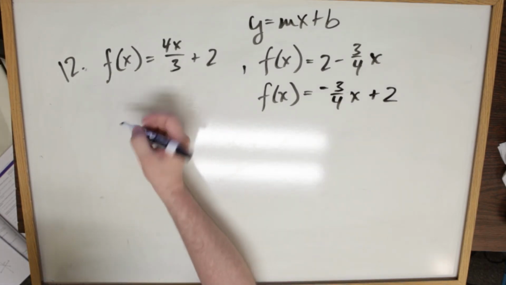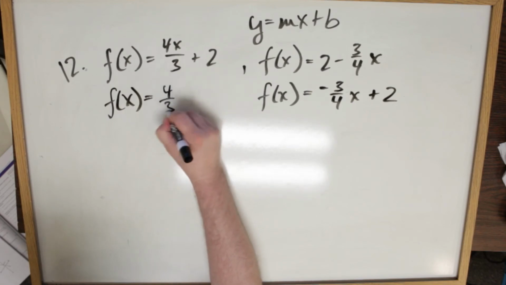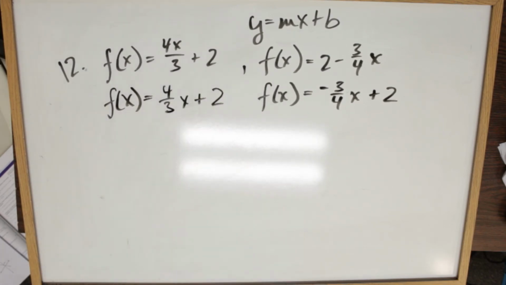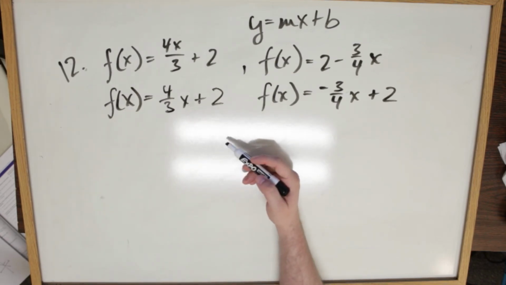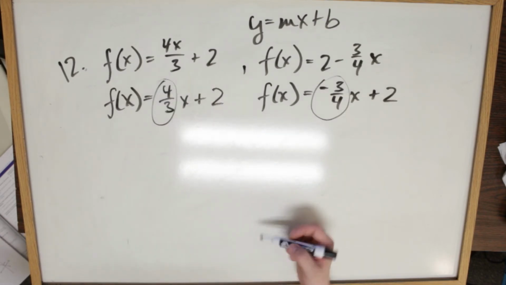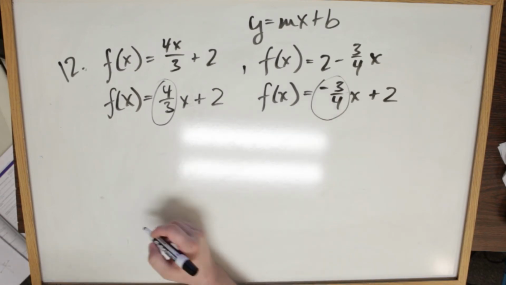And similar to what we did in the last question, let's do this. 4 over 3 times x plus 2. That x can just come down next to it as a multiplier. That way the form is pretty similar. So again, we're going to compare the slope, and you can see the denominator's flipped and it's negated. So that means that this is perpendicular.